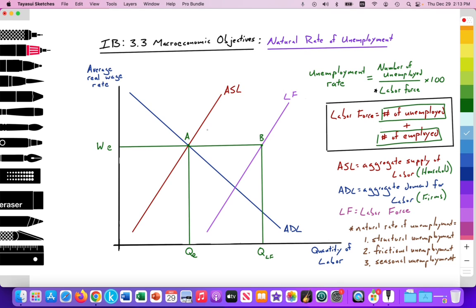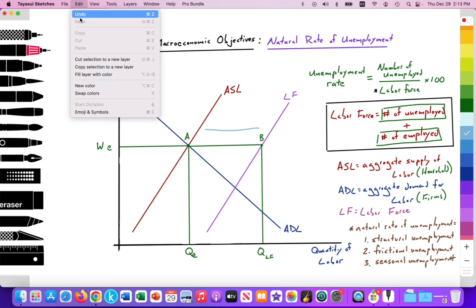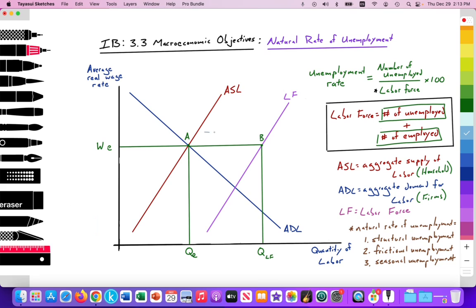So to emphasize that, see here. All right, we have the distance between A and B. Again, the distance between QE and QLF illustrates the natural rate of unemployment that exists in this particular economy in the United States. So that is the value of that natural rate of unemployment.